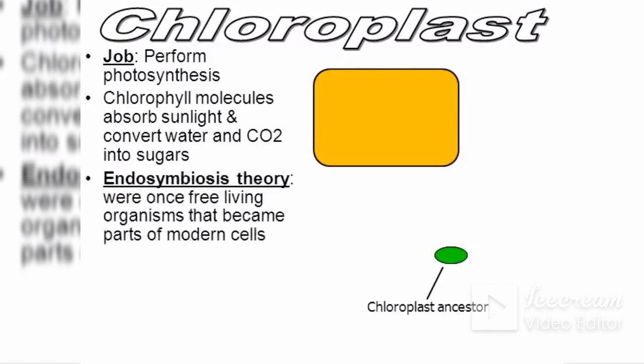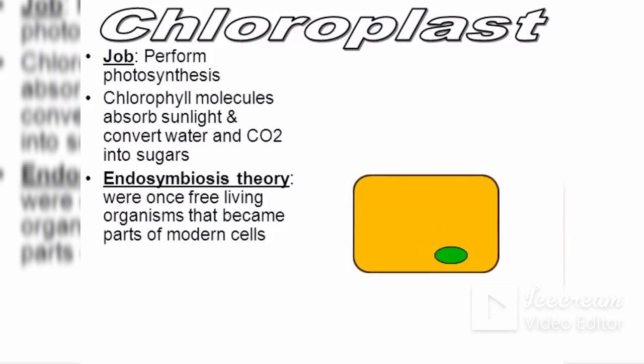Just like the mitochondria, the chloroplast is thought to have evolved and become a cell part according to the endosymbiosis theory. We think the chloroplast was also a free-living organism, a bacteria. In our animation, here we have a predator cell devouring the chloroplast, but not really being digested. That chloroplast ancestor in green multiplies, just like we saw a moment ago with the mitochondria ancestors.